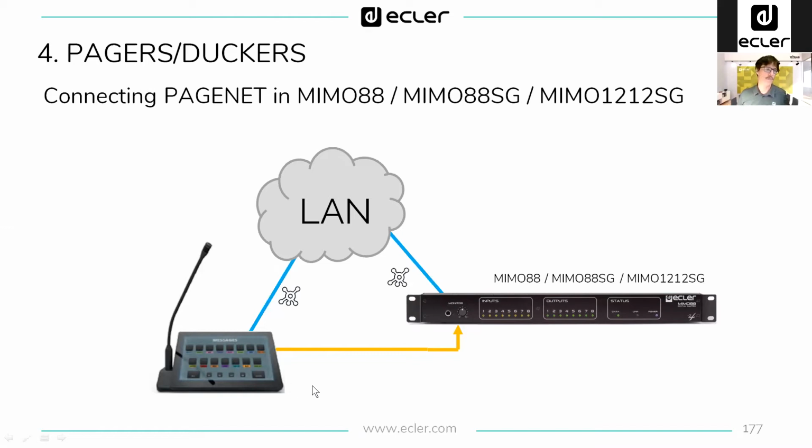Then you will lose the possibility to add here a player, because the player is only transmitted in Dante, it's not in the analog output here. Another possibility would be to add a WP22DN and just having this Dante signal on the place that is the rack of the MIMO. This is obvious.